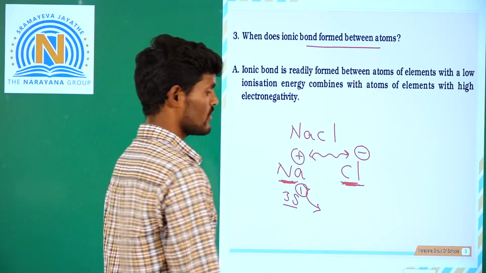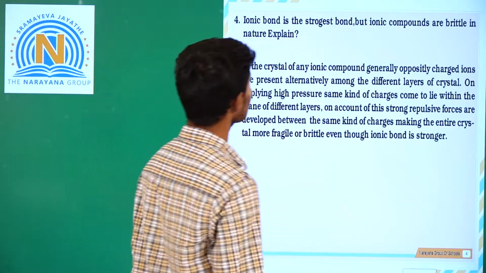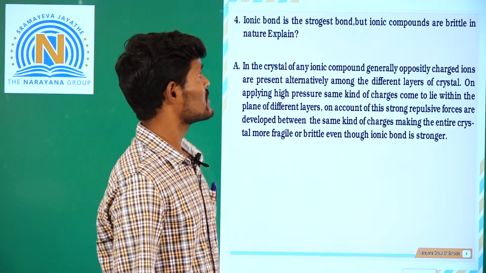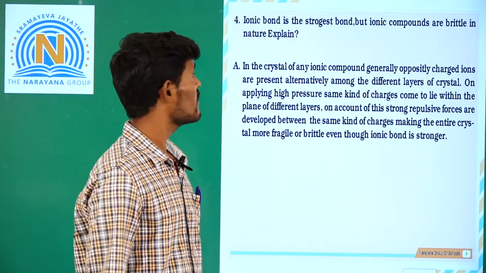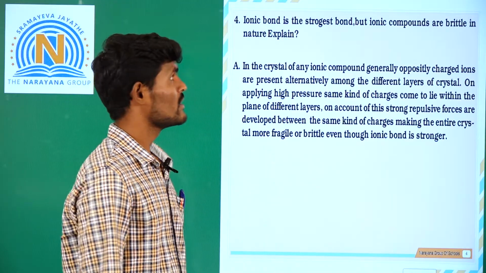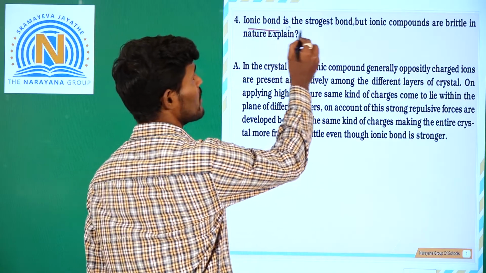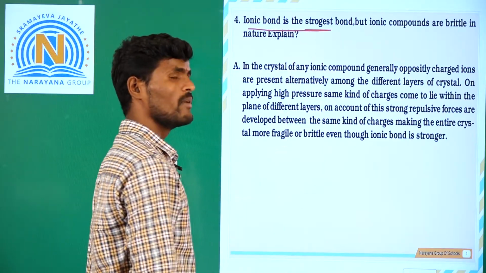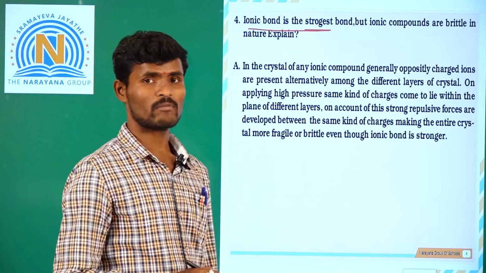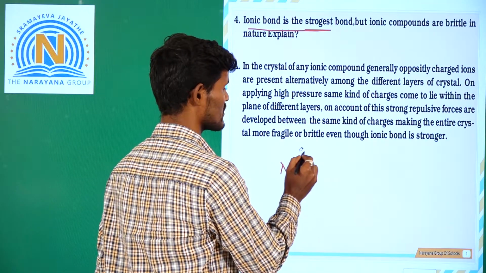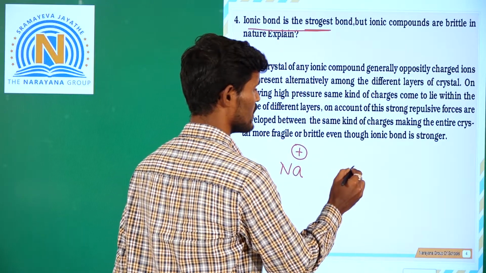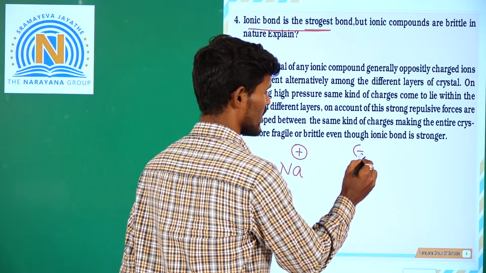Okay, next, the fourth question. Ionic bond is the strongest bond, but ionic compounds are brittle in nature. Explain. Ionic bonds are the strongest bonds because, what is the definition of ionic bond? The strong electrostatic force of attraction, as we have discussed just now, between sodium and chlorine, cation and anion.